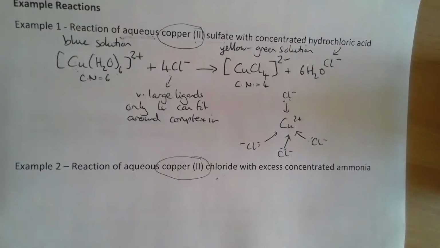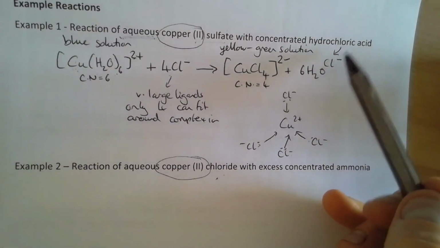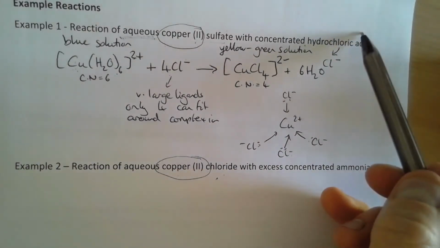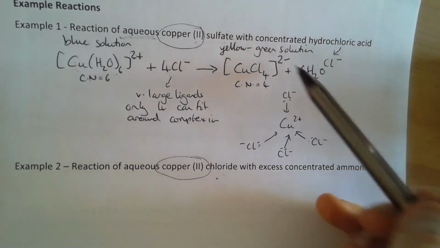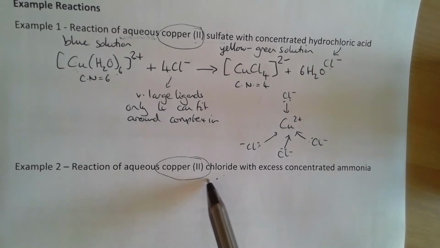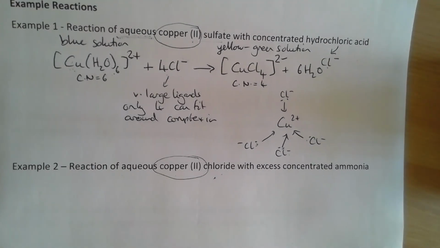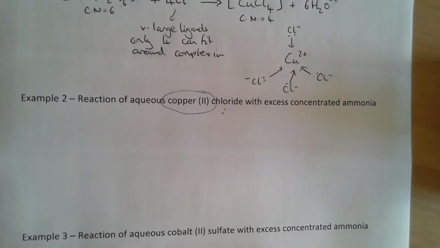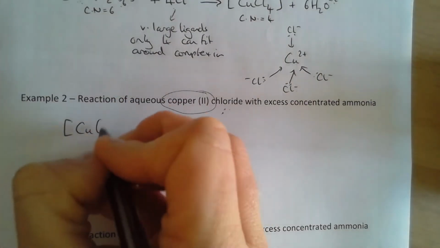With concentrated hydrochloric acid, we had a huge excess of chloride ions. With aqueous copper 2 chloride, we've got an equal amount, or 2 times stoichiometric quantity. So we would need significantly greater chloride ions than would be provided by this in order for a substitution to take place.